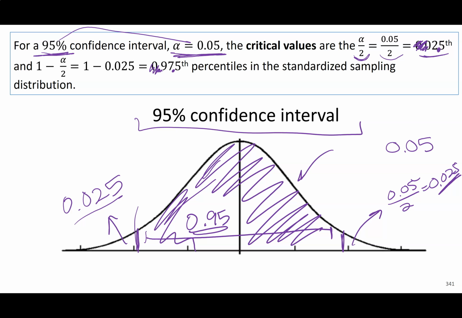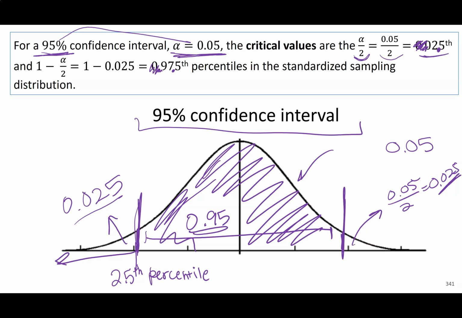So here, the z-score is the 2.5th percentile, because 2.5% are left on that side. Obviously, not really drawn exactly to scale.